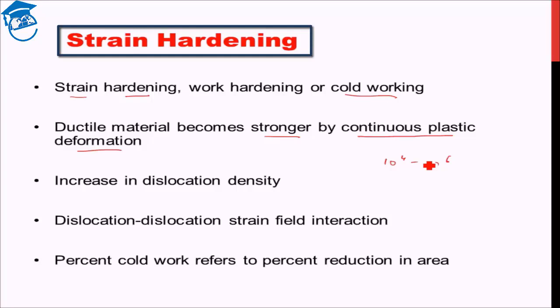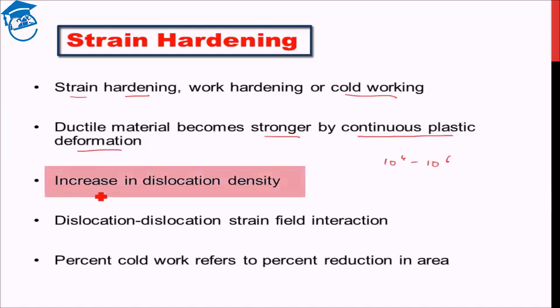But when you start to work harden the material, you are plastically deforming the material. As a result, what is happening? The number of dislocations starts to build within the material. Plastic deformation leads to generation of new dislocations. Effective number of dislocations within the material is increasing.